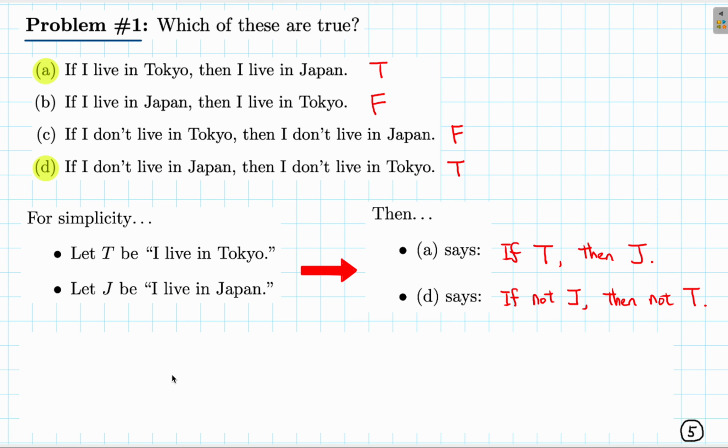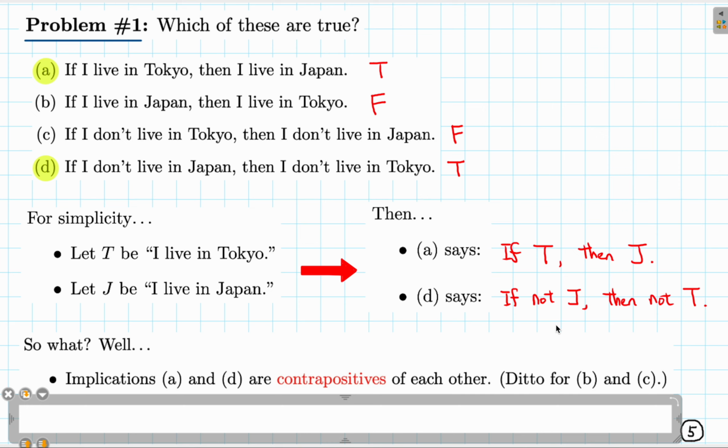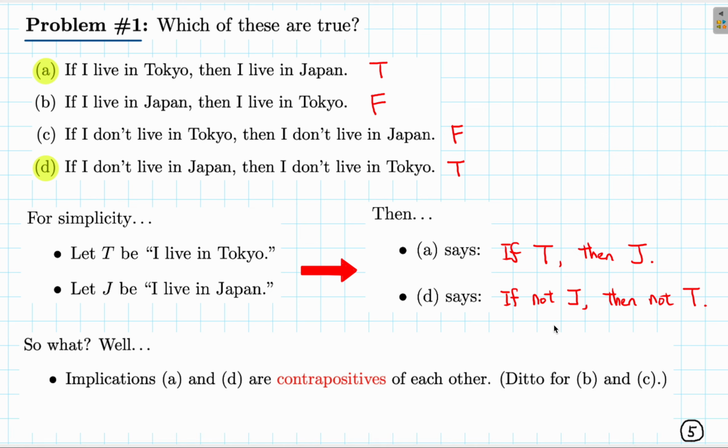Well, so what? Well, first, implications A and D are what are called contrapositives of each other. We swap and negate. And the same can be said about implications B and C. We swap and negate to obtain one from the other. Now, continuing the theme of so what?